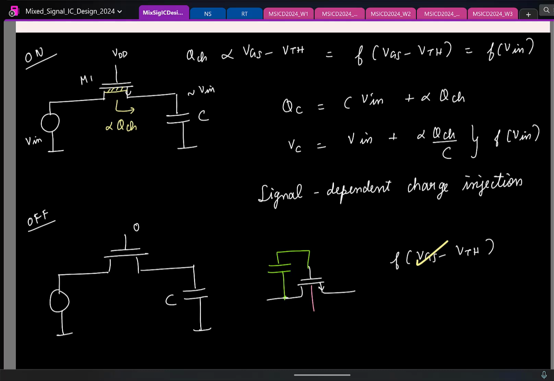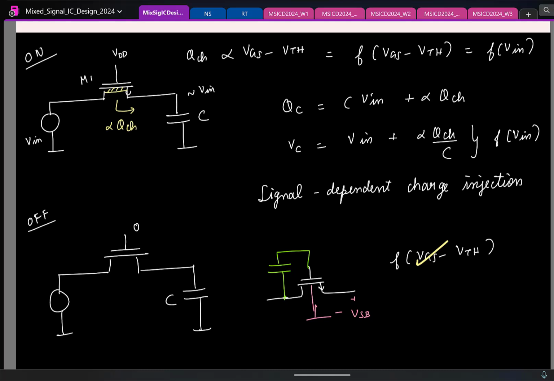The body terminal is common to all NMOS transistors, so you connect it to the lowest possible potential, which is typically ground. Because of this, you have a non-zero potential between source and body.